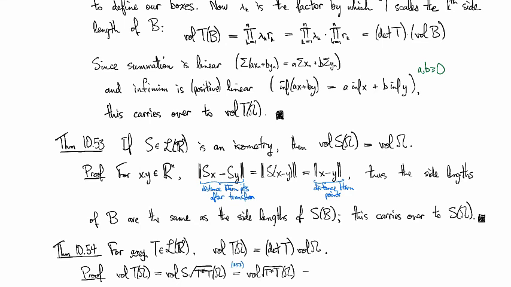And then this is going to be the absolute value of determinant T times volume of omega by our result earlier for positive operators. So this is 10.47. And we are done. And at this point, I just realized I misstated the actual statement here, that this should have been the absolute value of the determinant. Sorry about that.